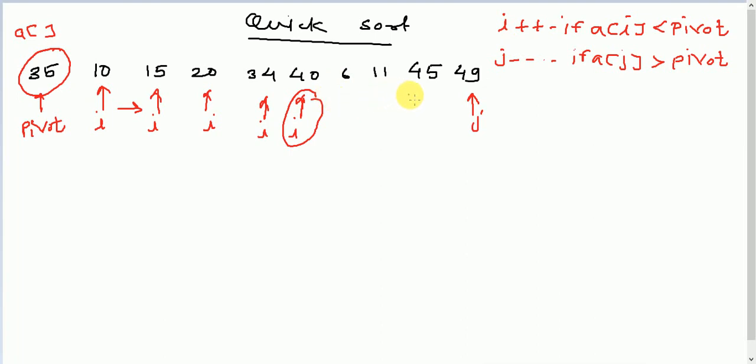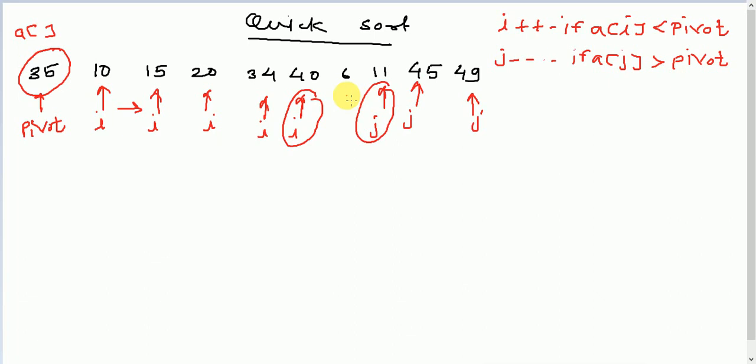So j is pointing to 49. 49 is greater than 35, right? So j minus minus, j will come at 45. 45 is greater than 35, j minus minus, j will come at 11. Now j is pointing to 11. Is 11 greater than 35? No, so j will also stop here.